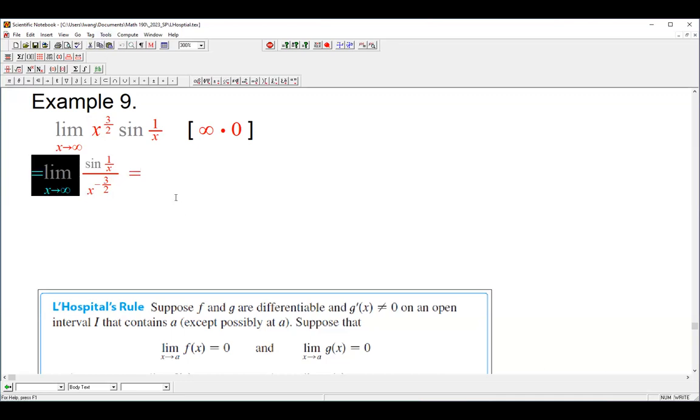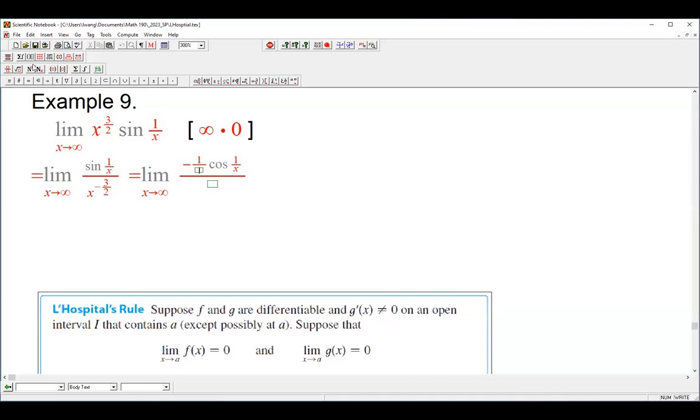When we apply L'Hopital's rule, we differentiate the numerator and denominator respectively. The derivative of sine 1 over x is cosine 1 over x, and then we have to differentiate 1 over x, which gives us negative 1 over x squared.